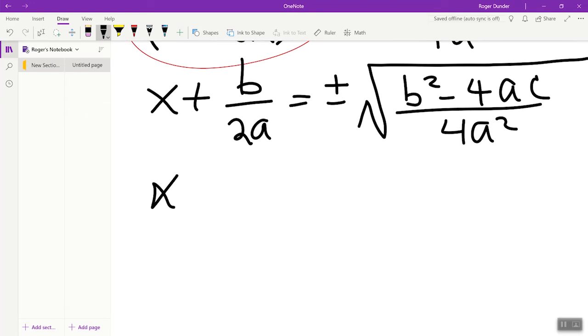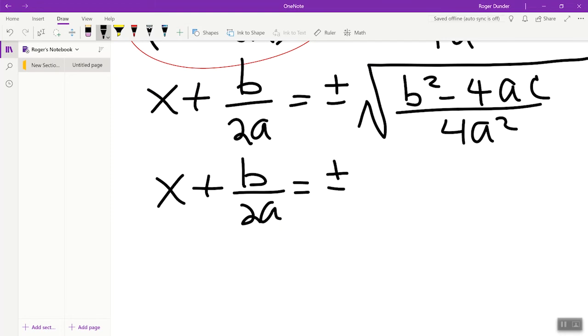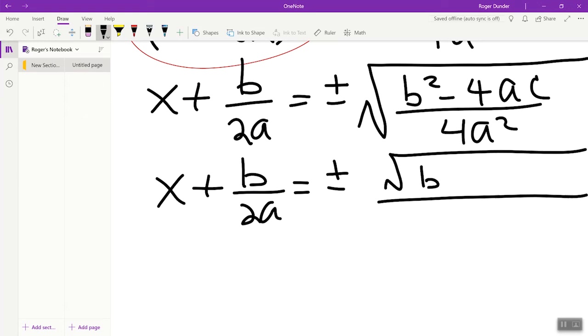So we can write x plus b over 2a is equal to plus or minus the square root of b squared minus 4ac all over 2a. Okay, so that's our right side.